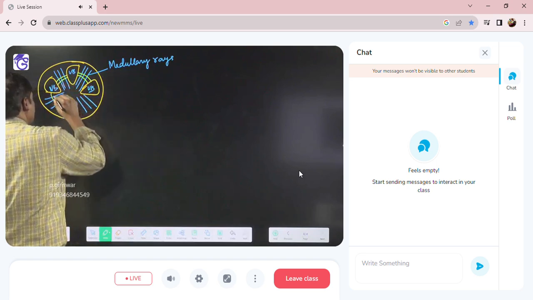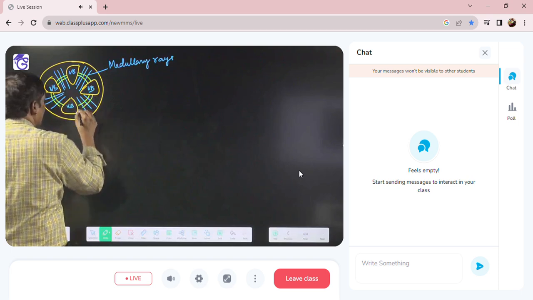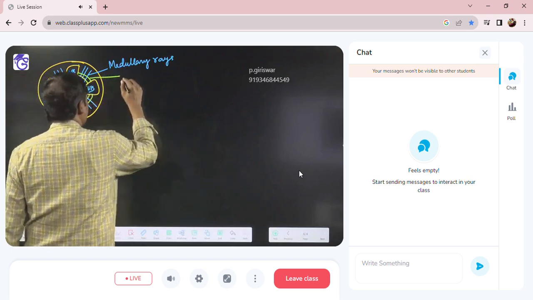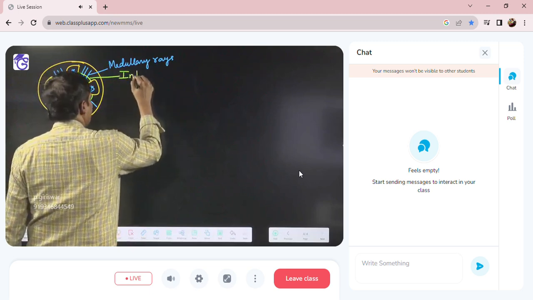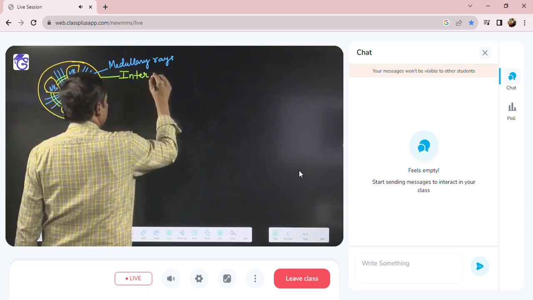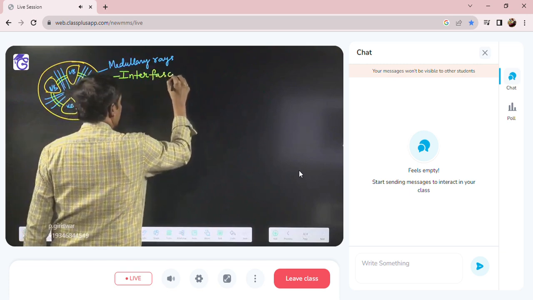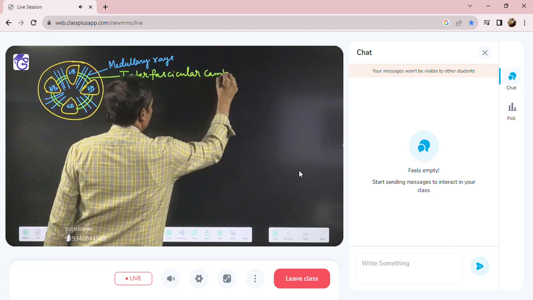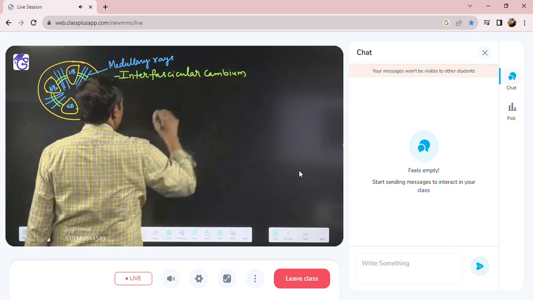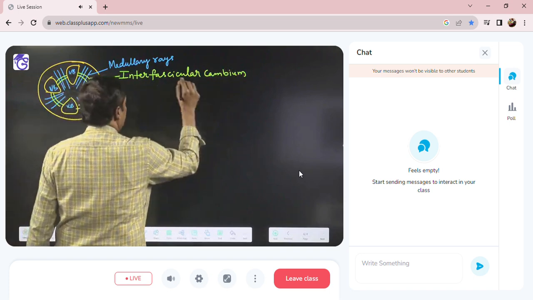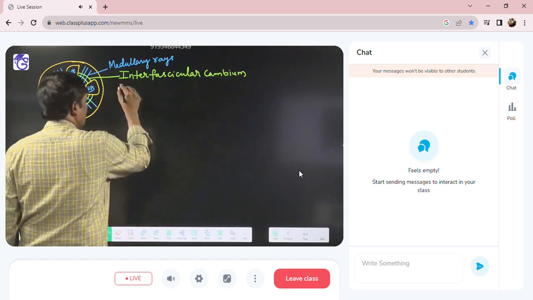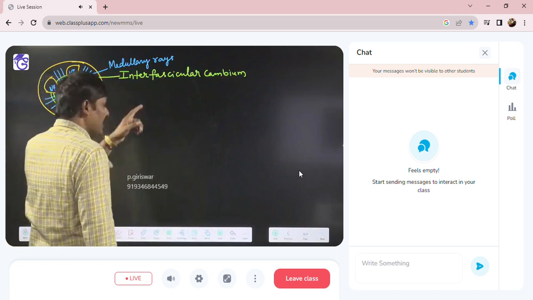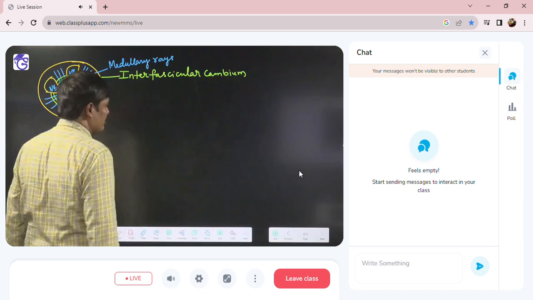This cambium is called interfascicular cambium. Interfascicular cambium is a meristem. Medullary rays are permanent cells.